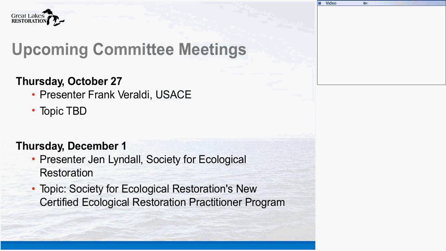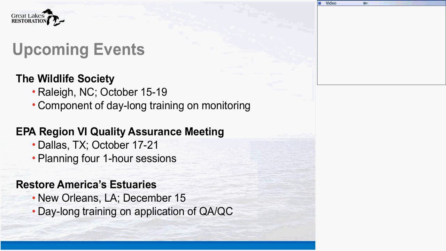So with that, is there anything else, Adam or Craig, that we need to mention? Yeah, we have some upcoming events that our committee is participating in. In a couple of weeks, we're contributing to a day-long training on long-term monitoring and quality assurance aspects about collecting reliable data sets.